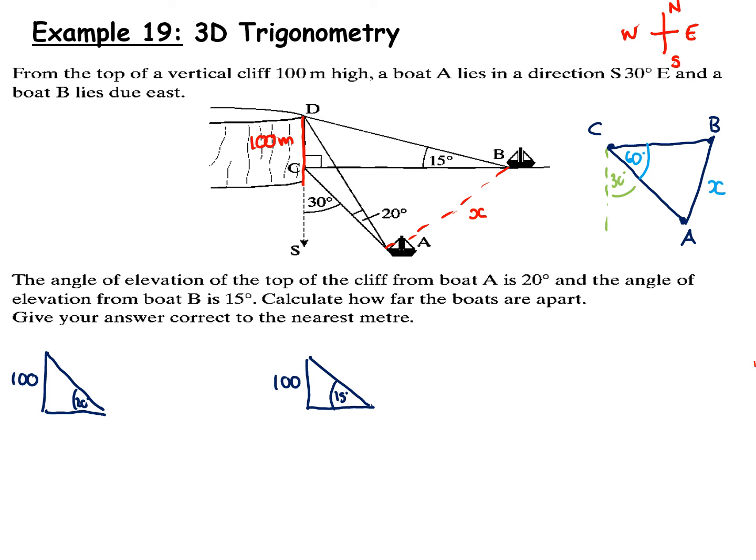So we want to work out, so that's my opposite. We want to work out the adjacent, because if we can work out the adjacent, let's just put some labels in here. This is DCA, DCB. Effectively what we'll be working out is CA and CB.